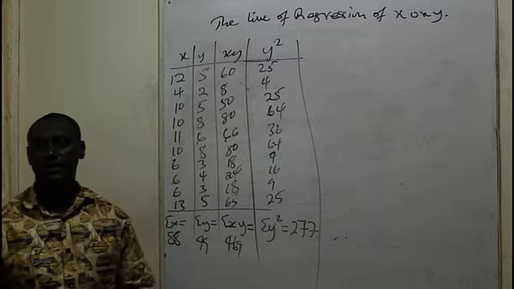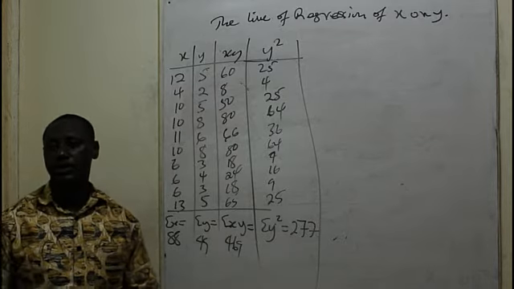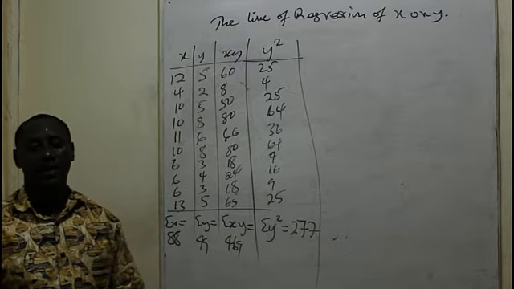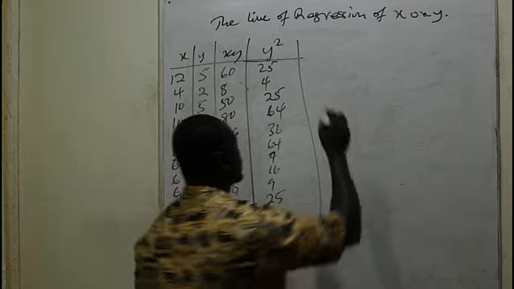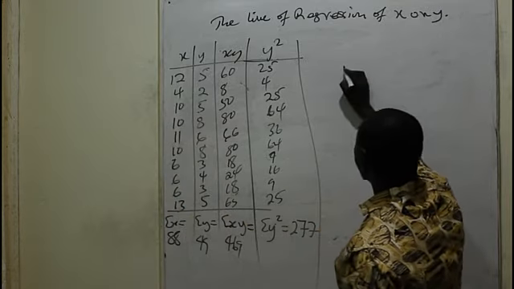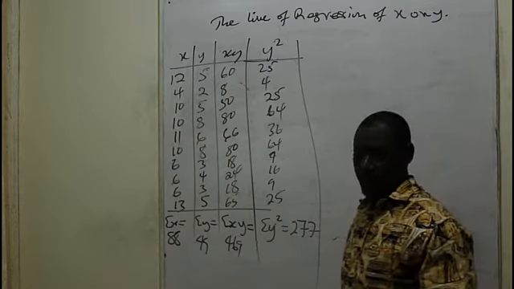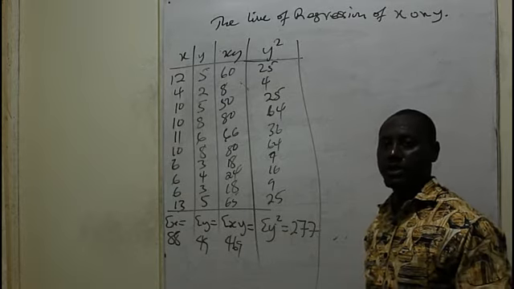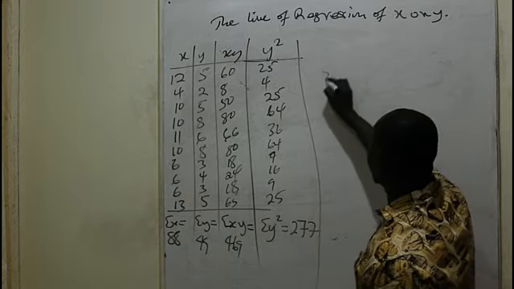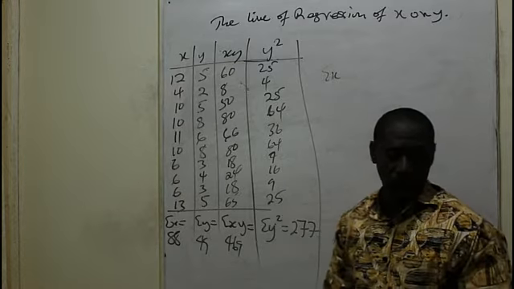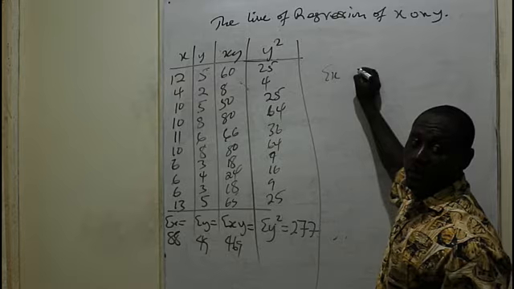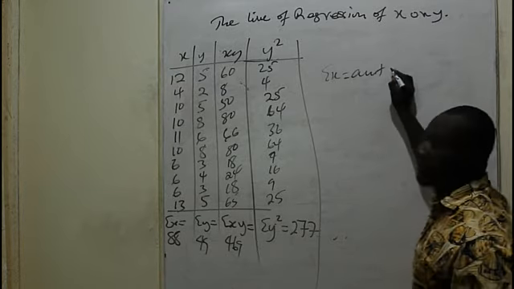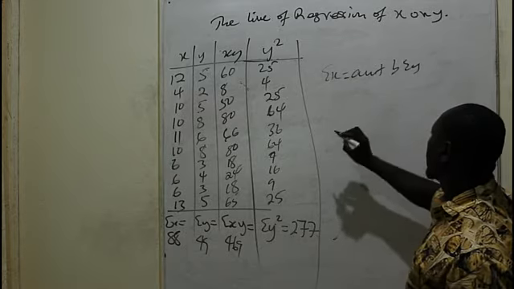So when we are done with that, we can use the two equations that I gave you. Remember, we can substitute into the two normal equations I gave you. We have summation of x equal to na plus b summation of y.